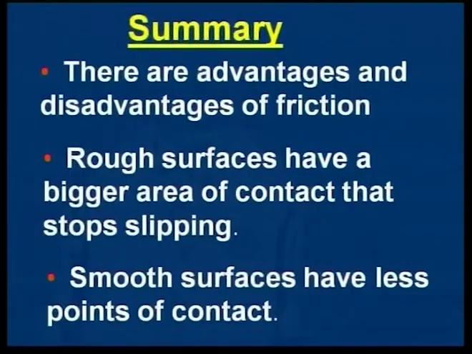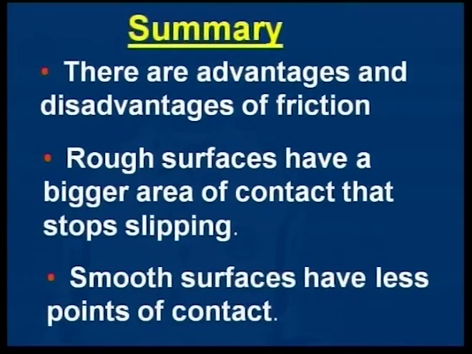Receiving students, by now you would have completed taking down your summary notes. Very good. Before we finish, we looked at friction and we saw that the bigger the area of contact, it stops us from slipping.